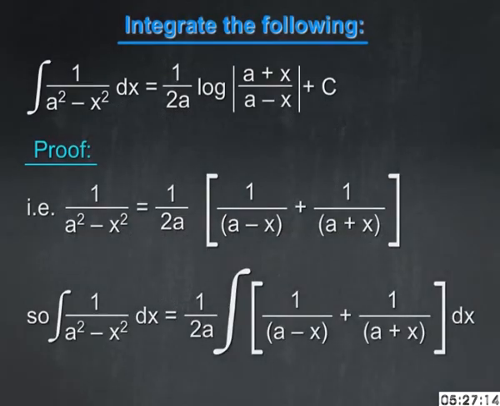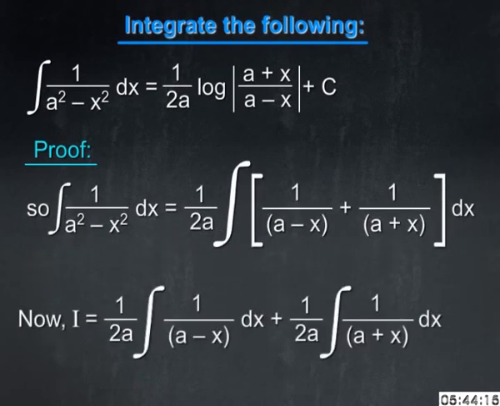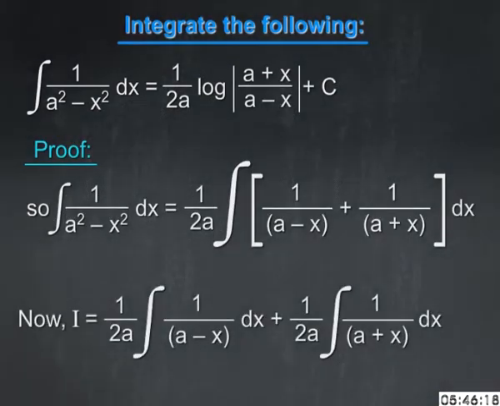So integral of 1 upon a square minus x square with respect to x is equal to 1 upon 2a into integral of 1 upon a minus x plus 1 upon a plus x with respect to x. Or we can say that I is equal to 1 upon 2a into integral of 1 upon a minus x with respect to x plus 1 upon 2a into integral of 1 upon a plus x with respect to x.